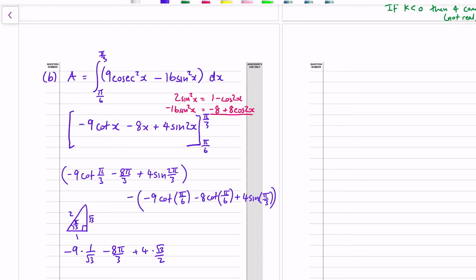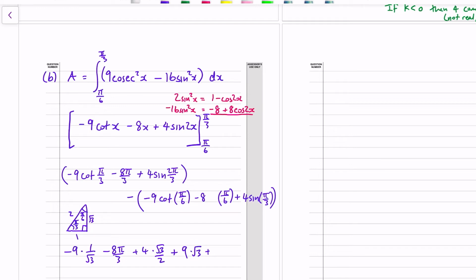And then we've got 9 cotan of pi over 6 for the second bracket. Well, pi over 6 is just the top angle of the special triangle. It's 30 degrees. So cotan is adjacent over opposite. So we've got 9 times root 3 plus... Oh, there's a little mistake there.